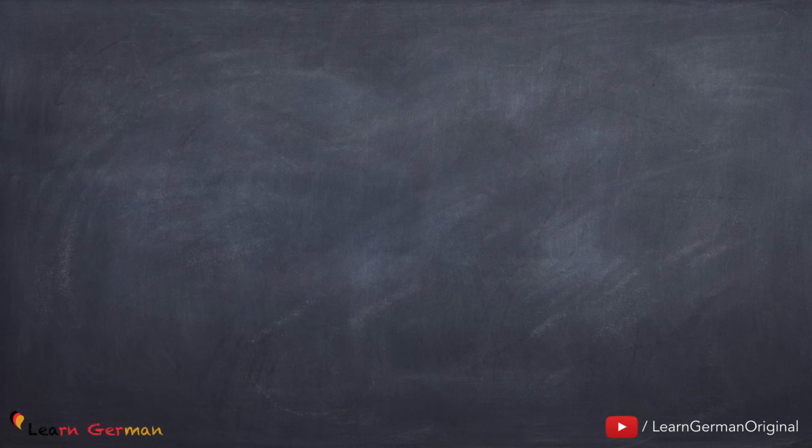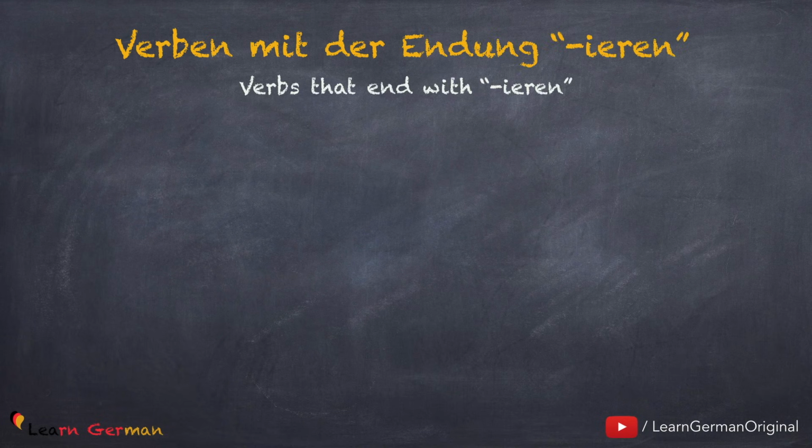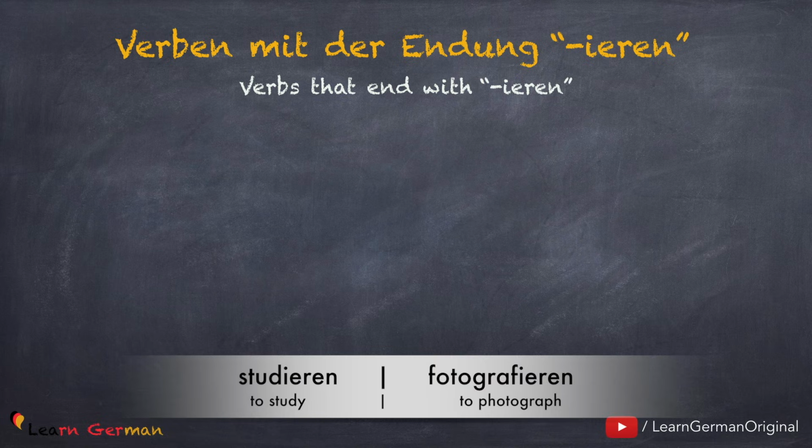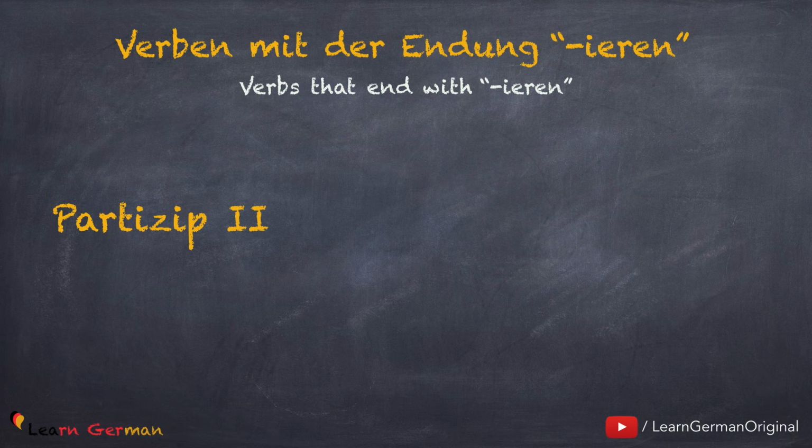Let's see what happens to verbs that end with ieren. For example, studieren, fotografieren. In this case, the Partizip II does not take a ge. You will just use the Verbstamm and add a t to the end.